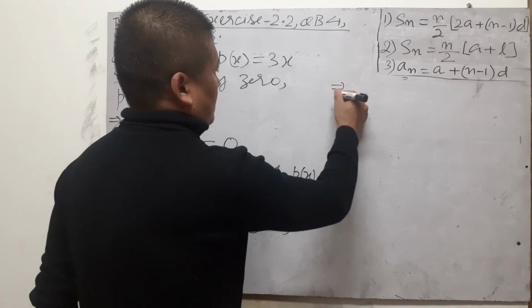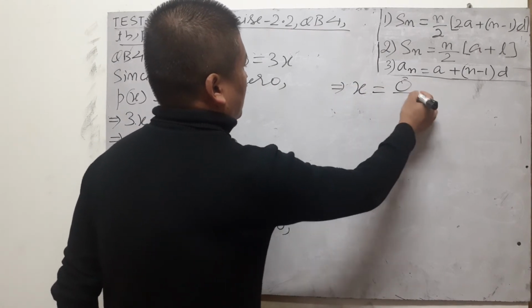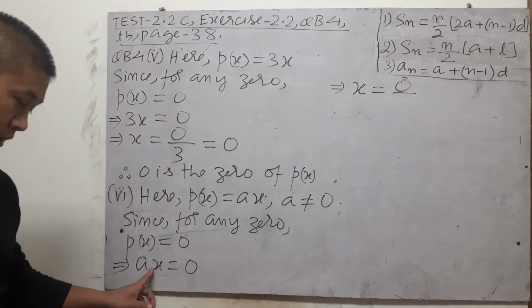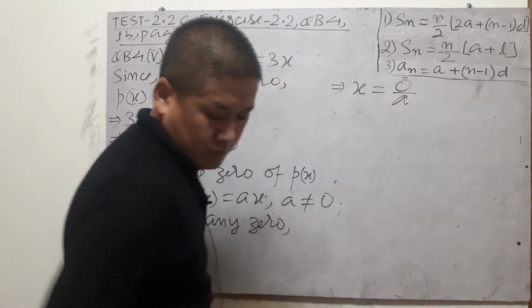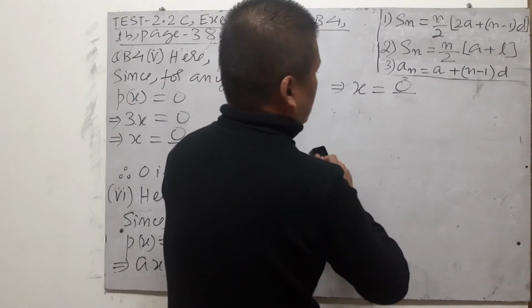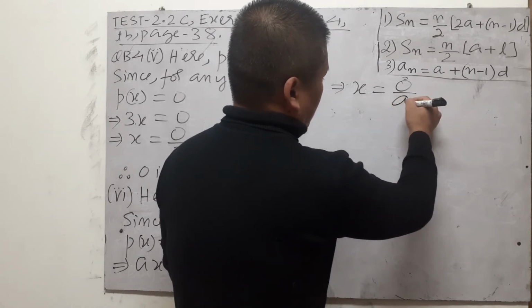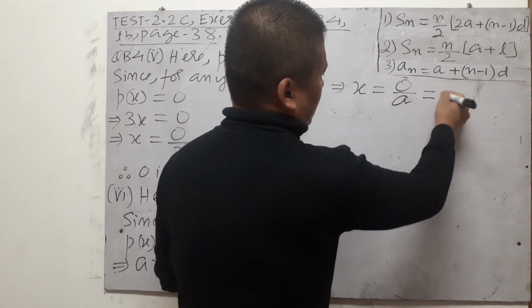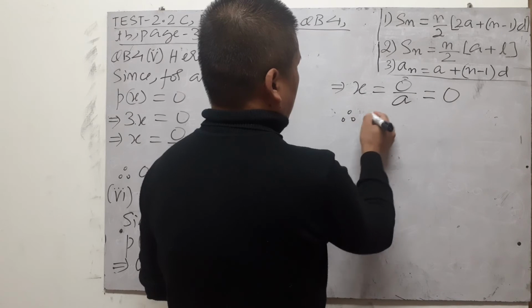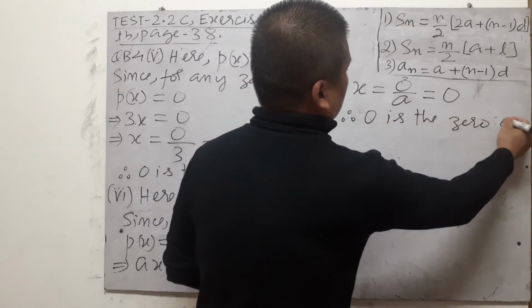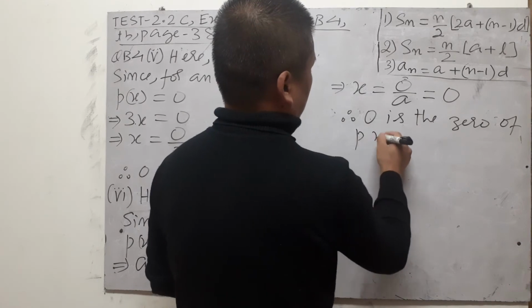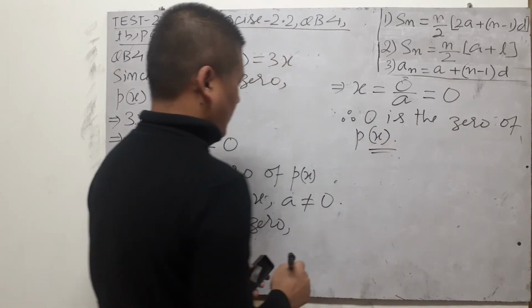As we proceed, x will be 0 divided by a, since if we shift a to the right side, a will go down to the denominator. Then 0 divided by anything, 0 divided by 2 or 0 divided by a, is always 0. Therefore 0 is the zero of the polynomial p of x.